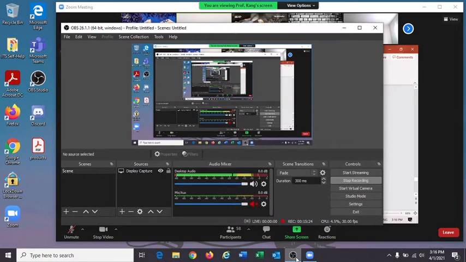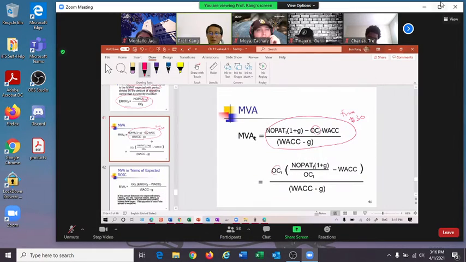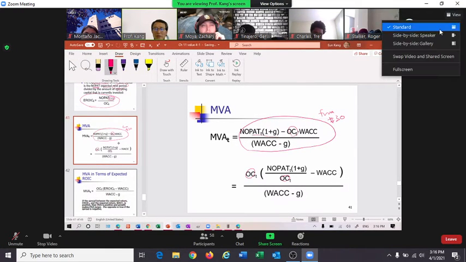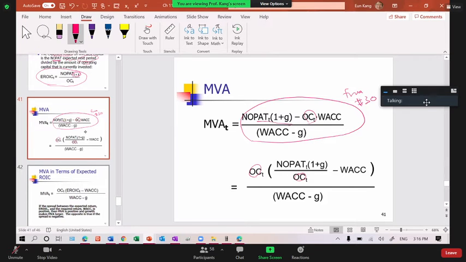Then in the numerator, you take OC_t out. OC_t over OC_t is 1, so the same thing, right? NOPAT_t times 1 plus G, but you take OC_t out, so OC_t times WACC like this. The denominator is the same.